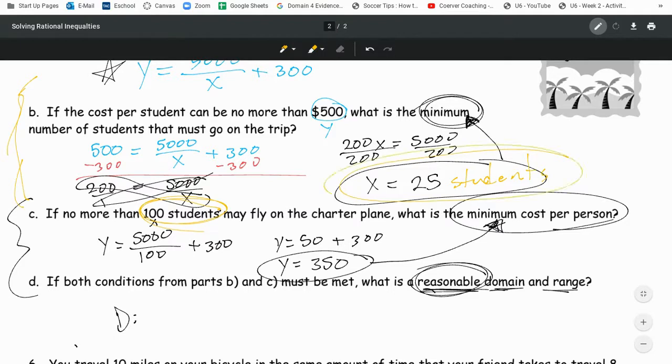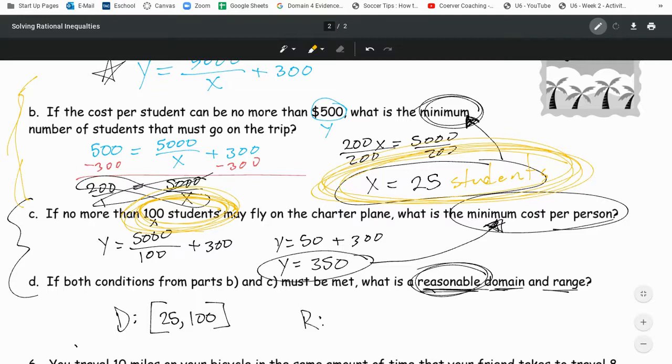So if we remember the restrictions that we were given, I want at least 25 students, and at most 100 students can go. So that is my domain. So my domain is 25 to 100, because again, the lowest number of students I want is 25. The maximum number of students that I can take is 100, because the plane only seats 100.